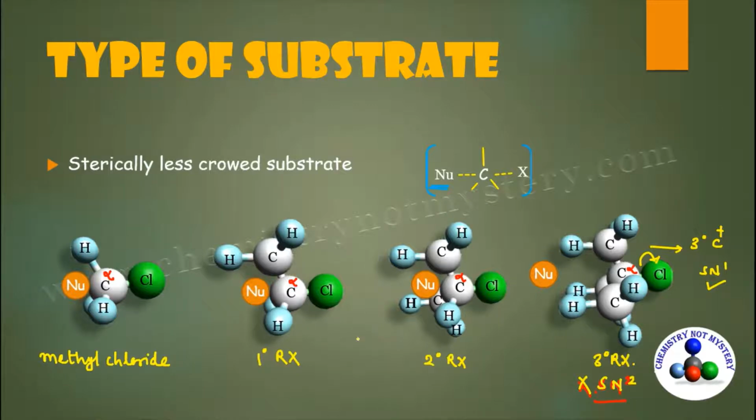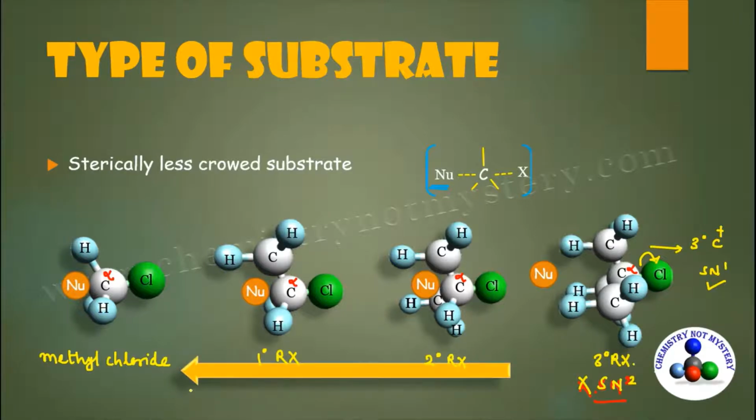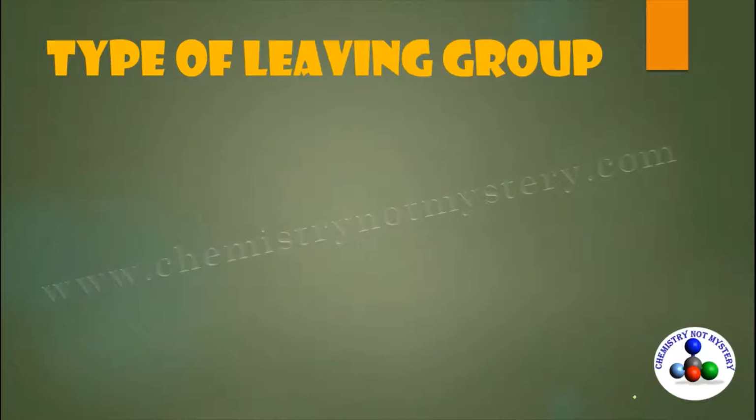So when you compare the reactivity order of different alkyl halides for SN2 reaction mechanism, you will get this order. Methyl chloride reacts faster in SN2 reaction mechanism, while tertiary alkyl halides do not react via SN2 reaction mechanism. Now come to the type of leaving group.